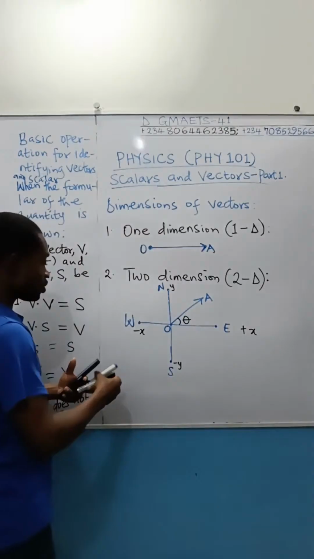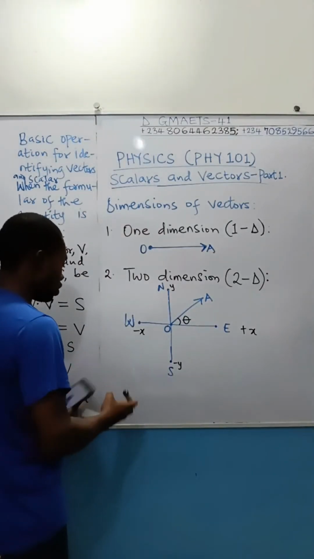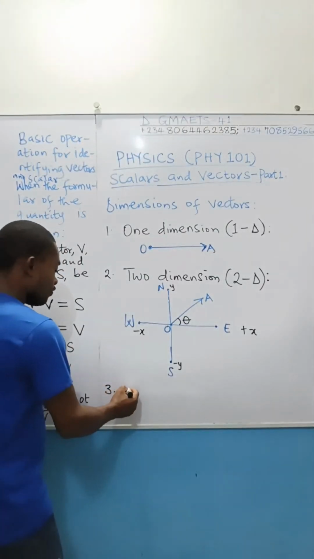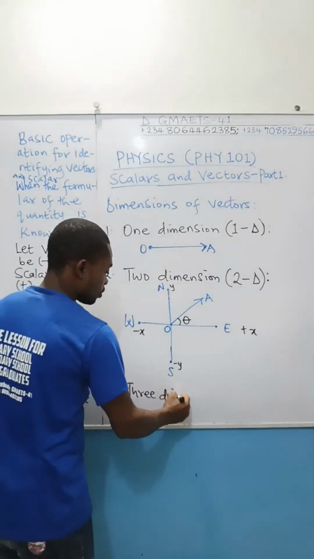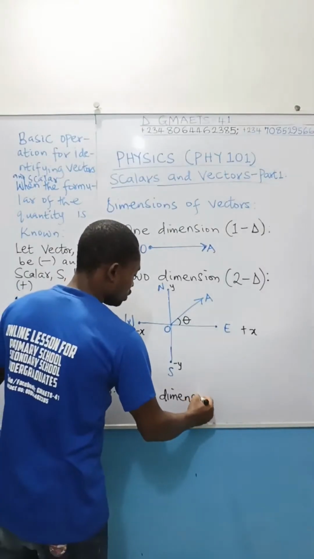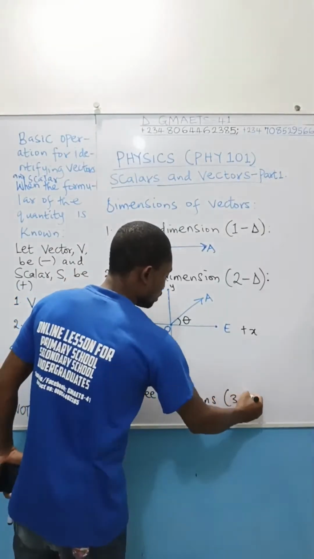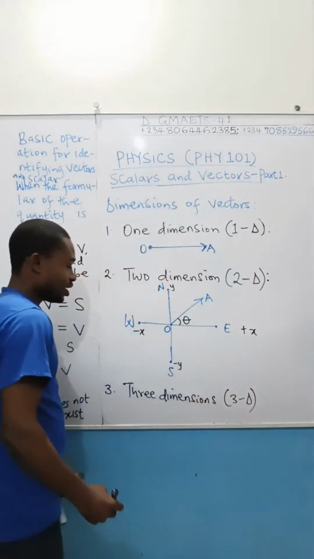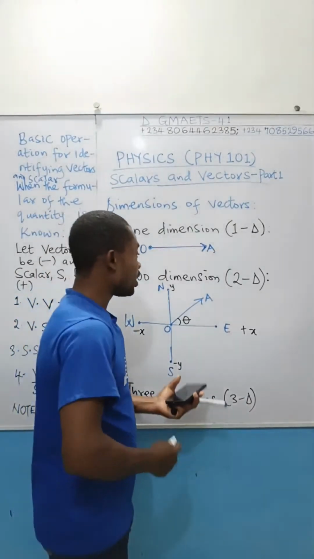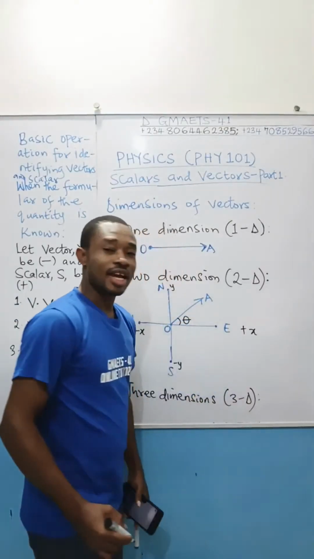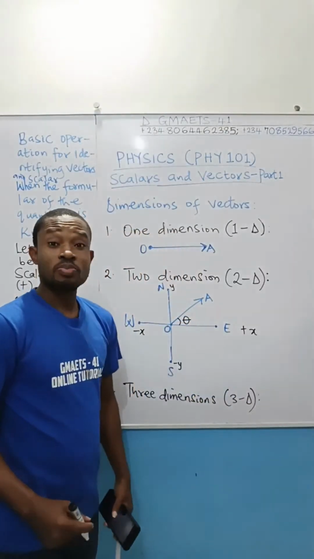Now, this will take us to the last dimension of a vector. Vector can be in three dimensions. So, 3D. I don't have enough space here to show that anymore. But I just want you to know, whenever you hear that a vector is in three dimensions, that vector is in space.